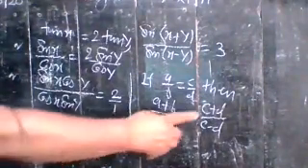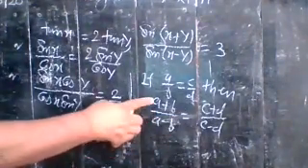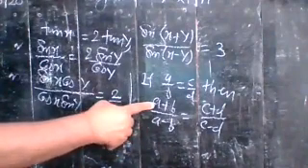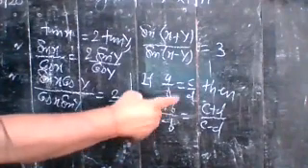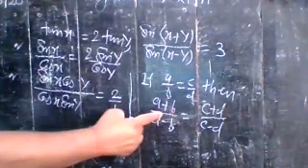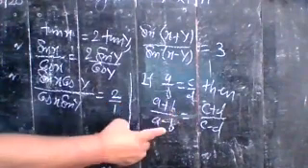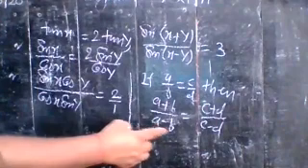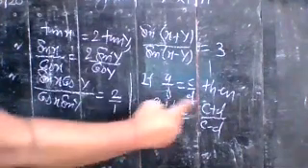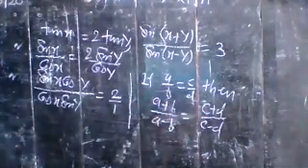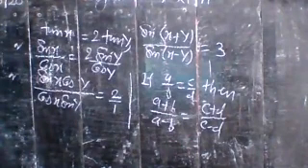You see this result very carefully. In the numerator you add the denominator, a plus b, and in the denominator you write a minus b. That property is known as componendo dividendo.